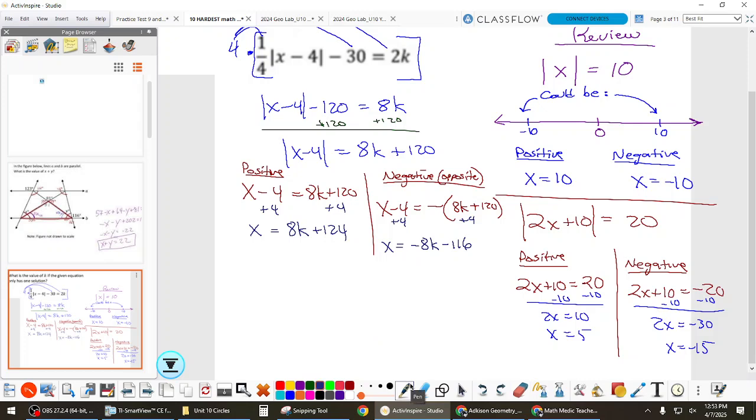Does everybody see that? We just have this k value, so we don't have an actual number. But it's the same thing. We have a positive solution and the other one. Okay? So the problem then asks, what is the value of k so that these are the same? So that it only has one solution. So what would you do with these two things? If it wants them to have one solution, that means these have to be the same one solution.